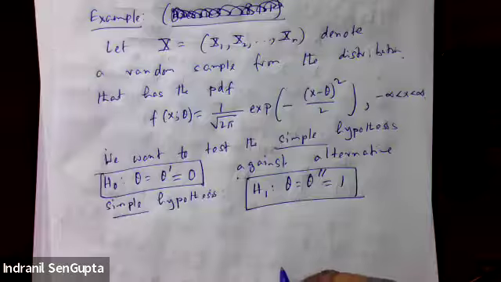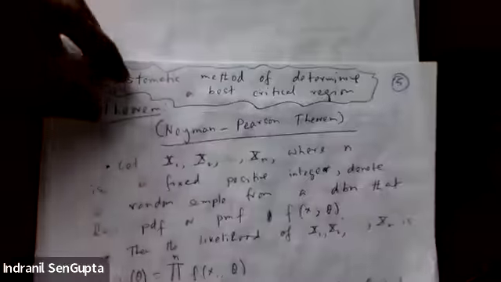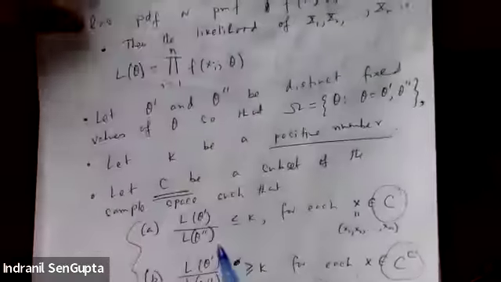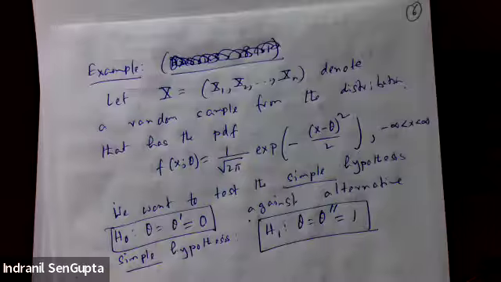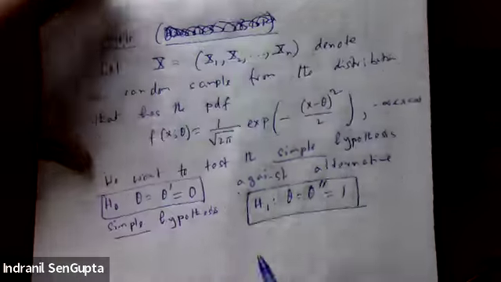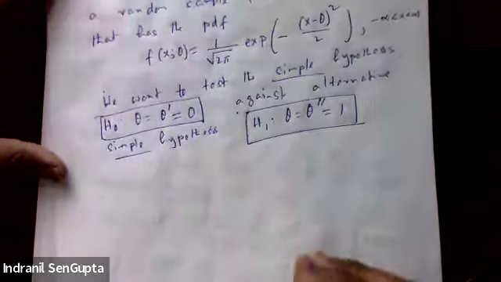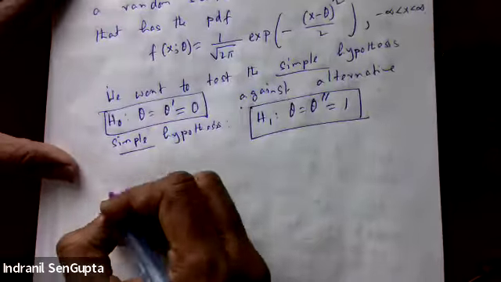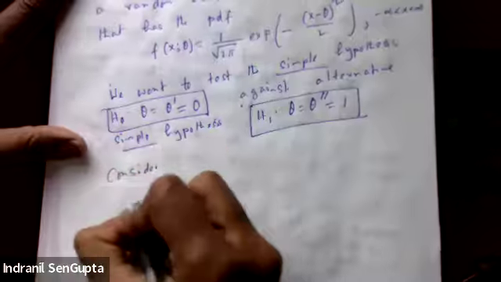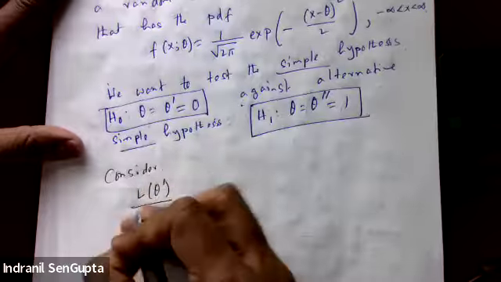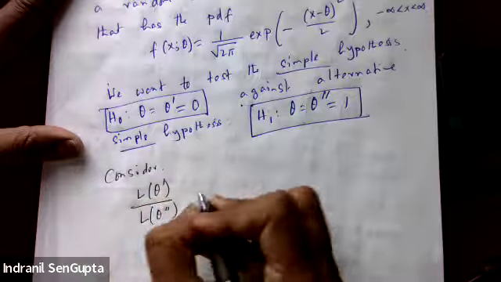Okay. Let's compute this. We'll be using this Neyman-Pearson theorem. So let's compute this ratio. Basically, if we can figure out a constant k, then we are done. So let's consider L of theta prime over L of theta double prime.